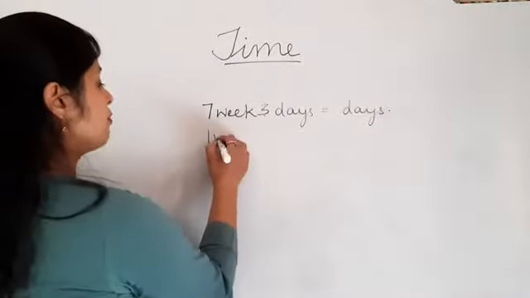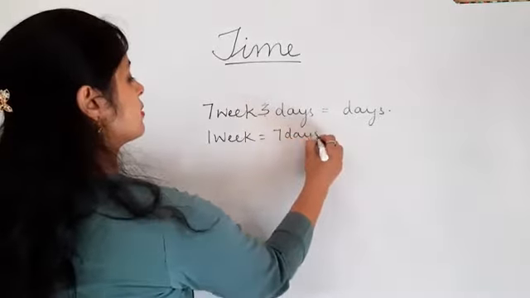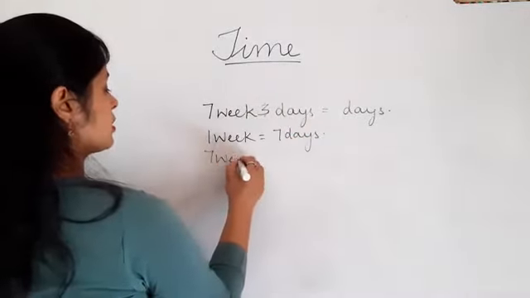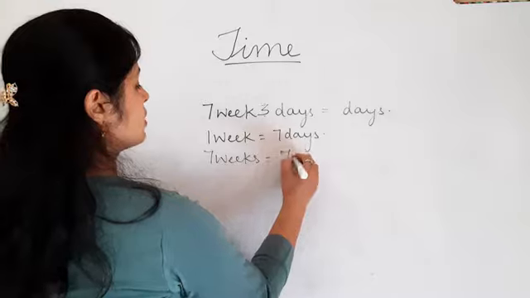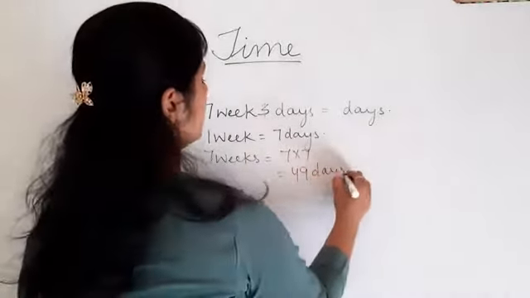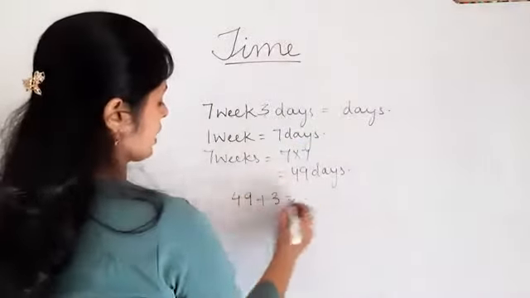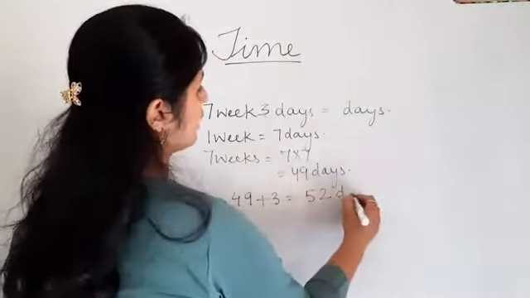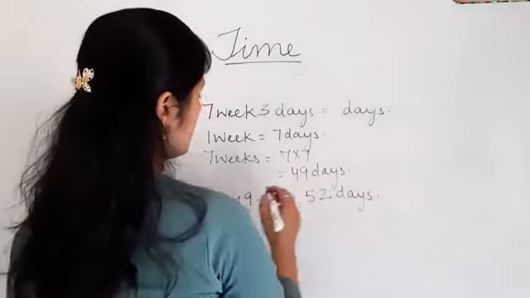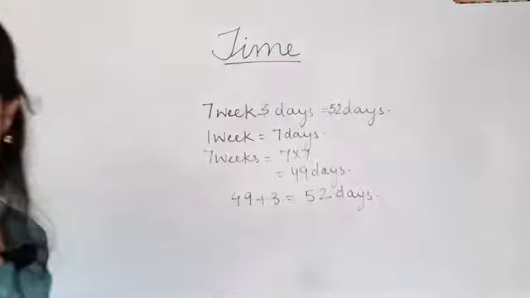So 1 week is equal to 7 days. So 7 weeks is equal to 7 into 7, 49 days. Then 49 plus 3 is equal to 52 days. So our answer is 7 weeks 3 days is equal to 52 days.